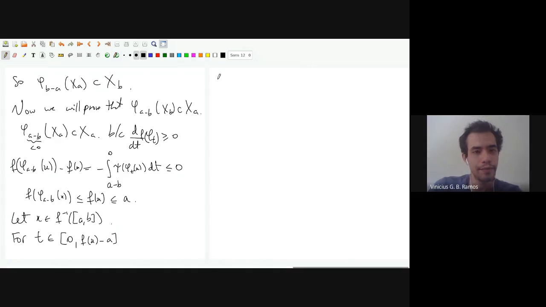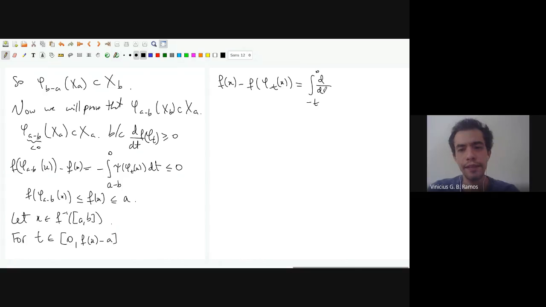So f of x minus f of phi of minus t of x is the integral from minus t to 0 of d/ds at s equals u of f of phi u of x du. So that's the integral of psi. Okay, let's do it like this.